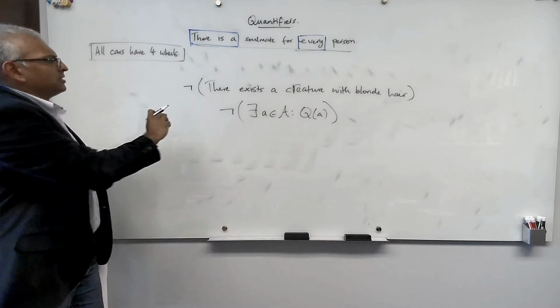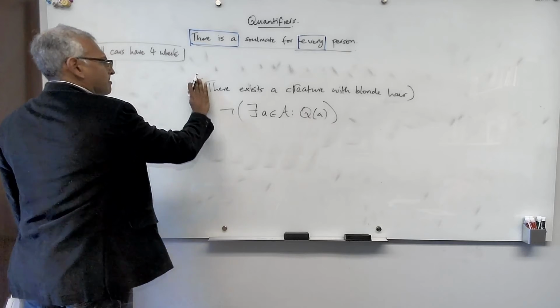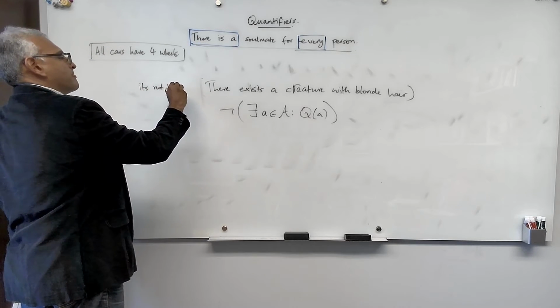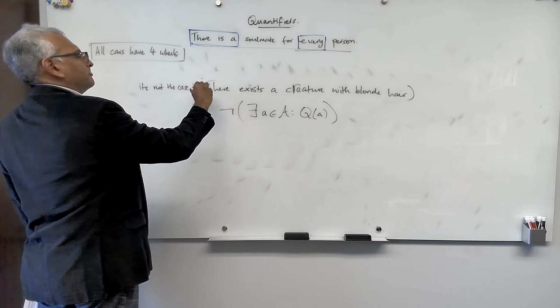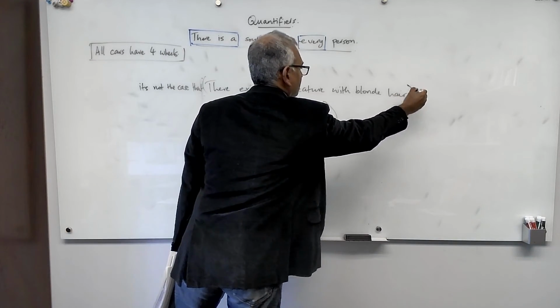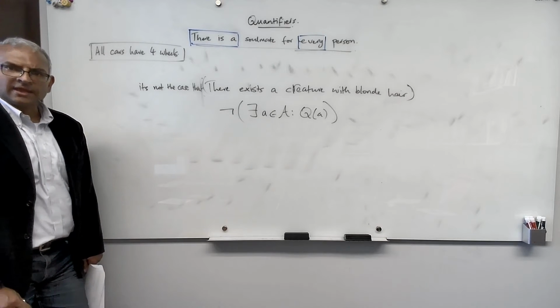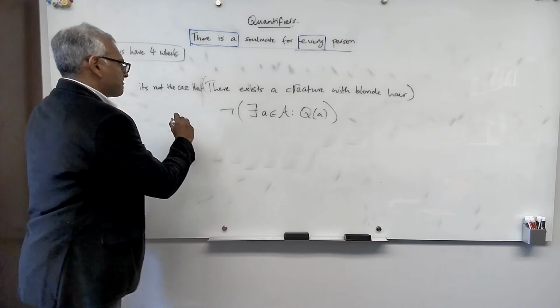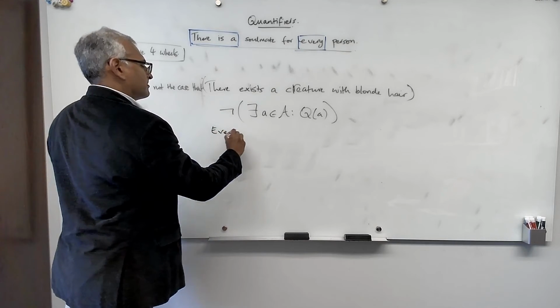Now let's think about, okay, what does that mean? It's not the case. If it's not the case that there is a creature with blonde hair, it means that every creature does not have blonde hair.